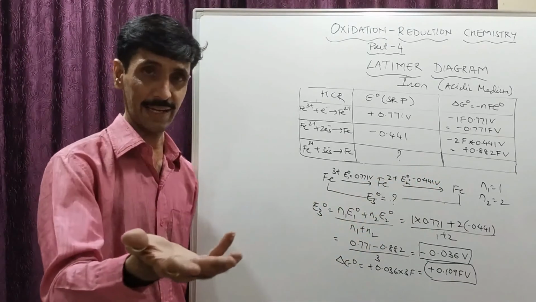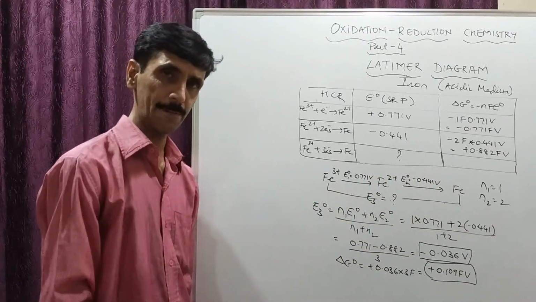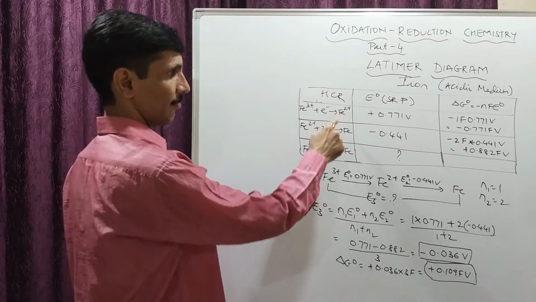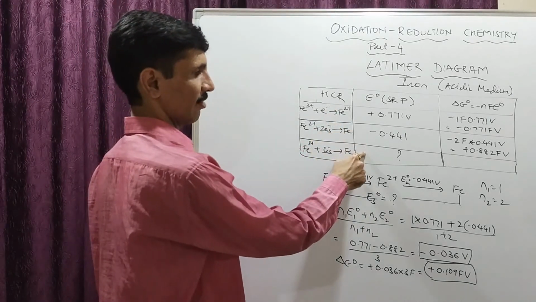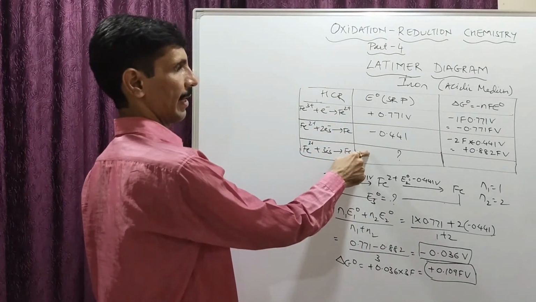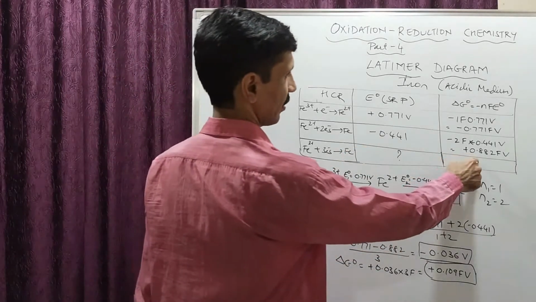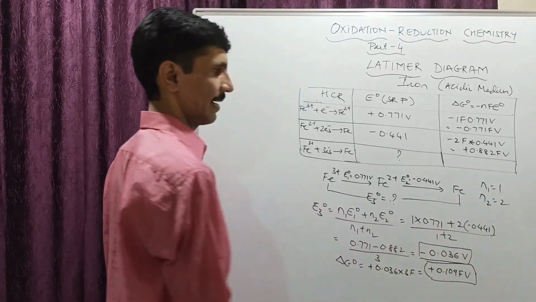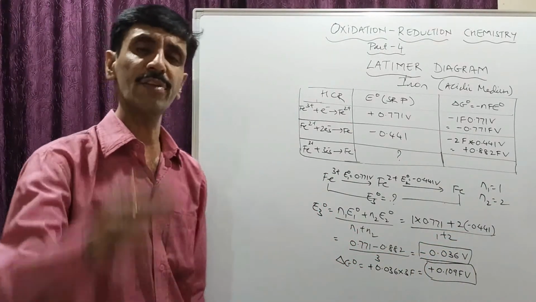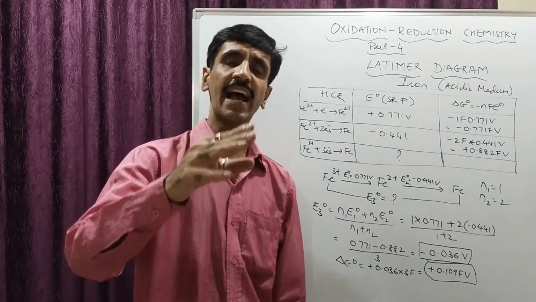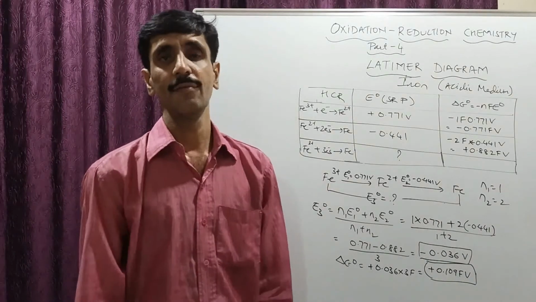That is what Latimer diagram is, which I've explained to you a few minutes back. And then on the basis of these two data, we are in a situation to find out the value of E naught. And once the value of E naught is found out, we substitute in this equation, we get delta G naught.